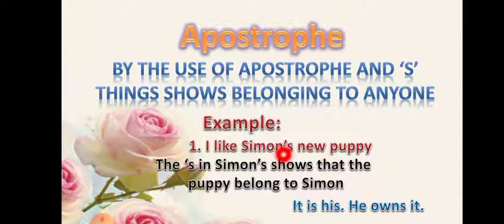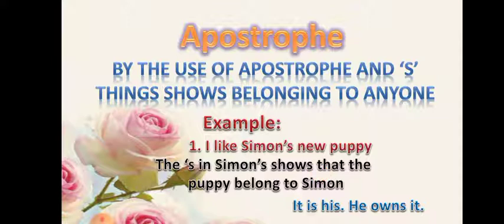So when we add this apostrophe before S, it is used to show that something belongs to someone. For example, I like Simon's new puppy. The apostrophe and S in Simon's shows that the puppy belongs to Simon.